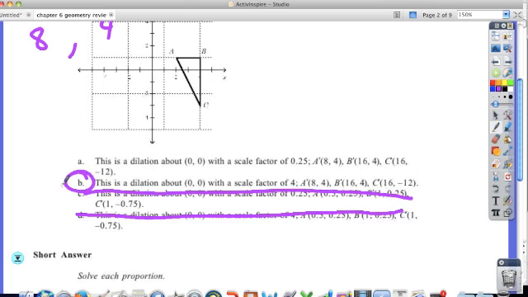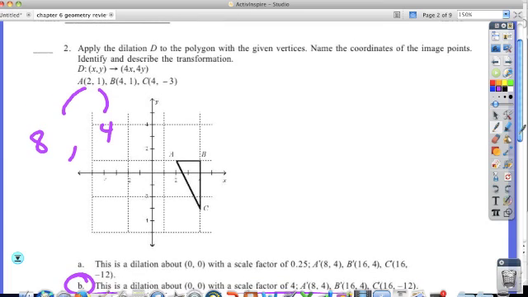Question on this? What if it said x, y turned to 2x and 3y? You can't have that. Right now, with the dilation, x and y are going to be the same thing. Okay?